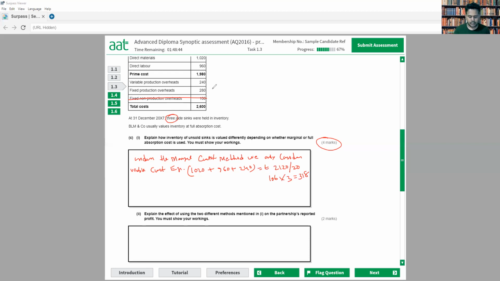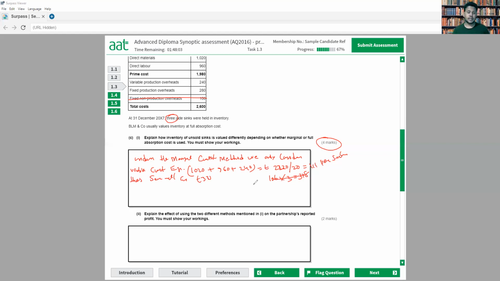Let's have a look. 1980 plus 240, that gives me 2220, not this one. 2220 divided by 20, that gives me 111. So this will be the per sink cost, and I have 3 sinks in the warehouse, so times by 3, that will give me 333. So 3 sinks will cost 333.